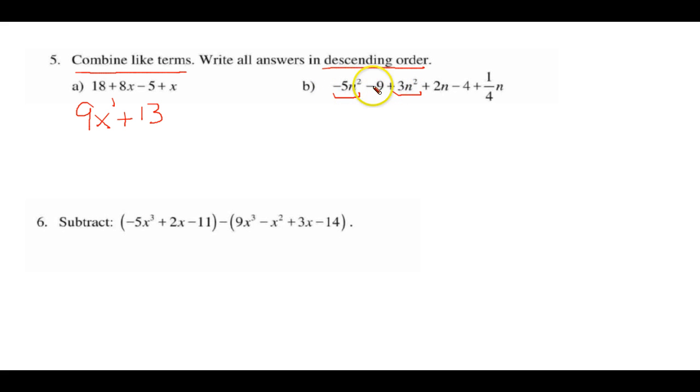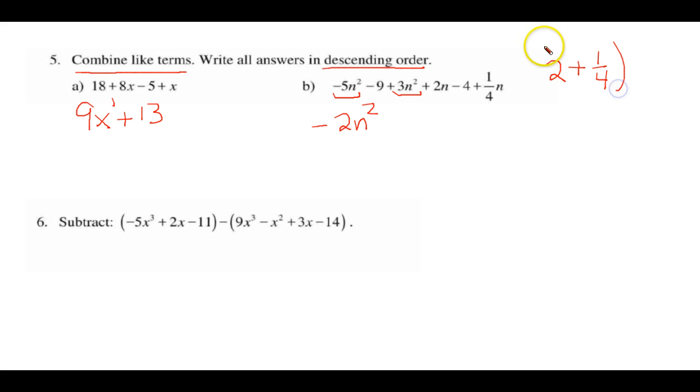So we have a negative 5 and a 3, which will give us a negative 2n to the second. Now there is a 2n and a 1/4 n. So what we need to do is add 2 and then add 1/4 to it.